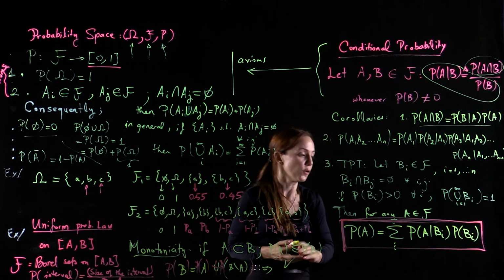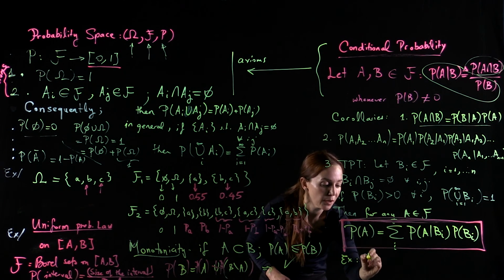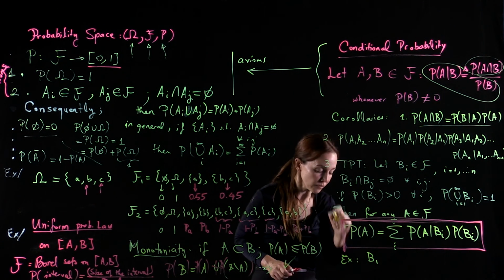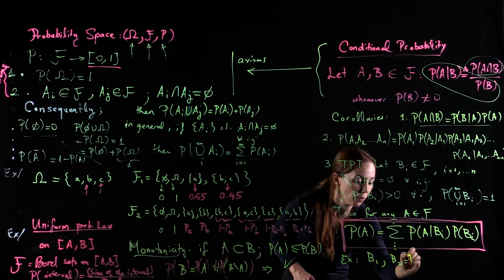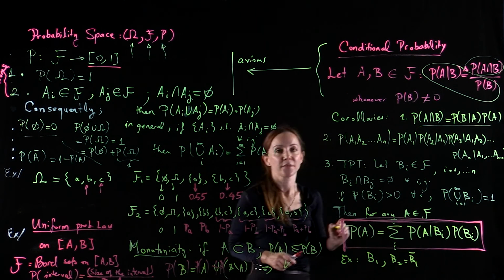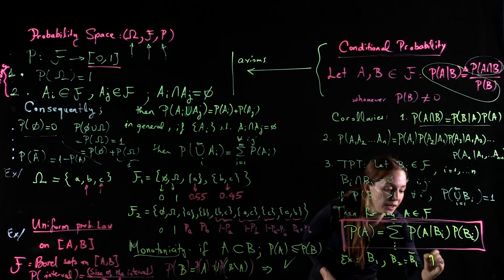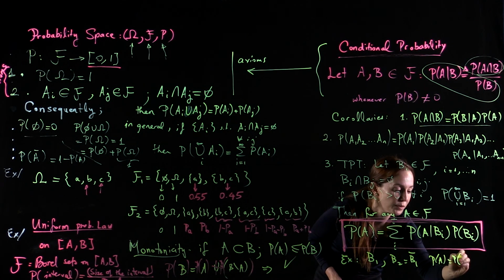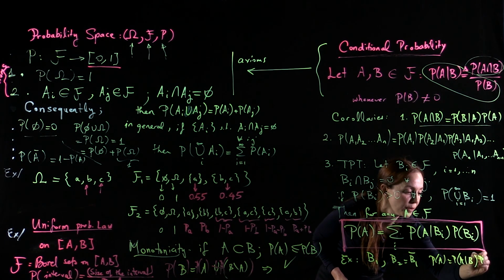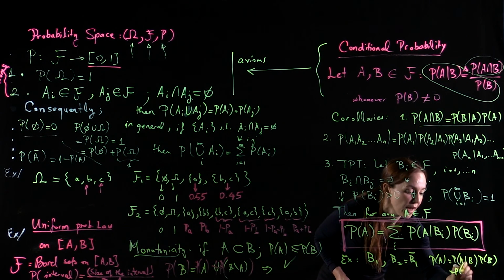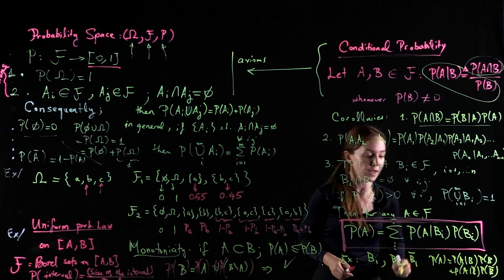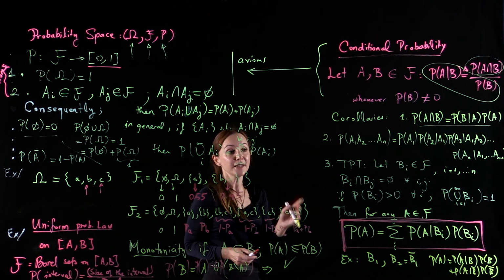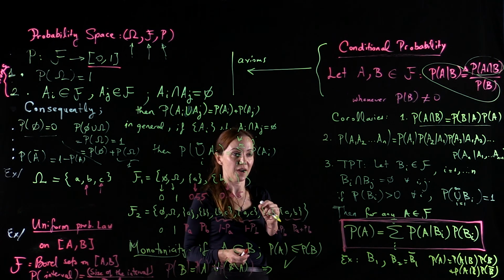We can, for example, have B1 and B2 would be B1 complement. And we can then write P(A) as probability A given B, P(B), plus probability A given B complement, probability B complement, and that would be fine. And that is something we do a lot of the time, actually.